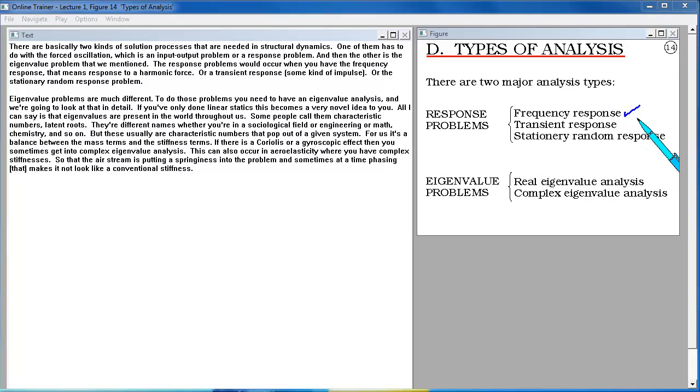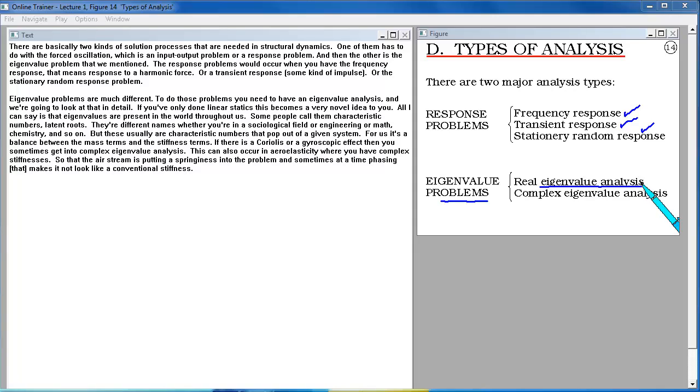That means response to a harmonic force. Or a transient response, some kind of impulse, or the stationary random response problem. Eigenvalue problems are much different. To do those problems you need to have an eigenvalue analysis, and we're going to look at that in detail.